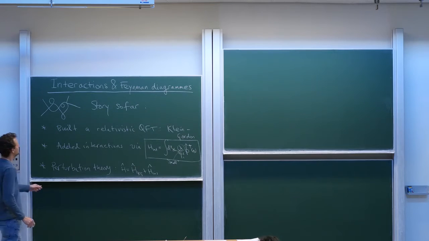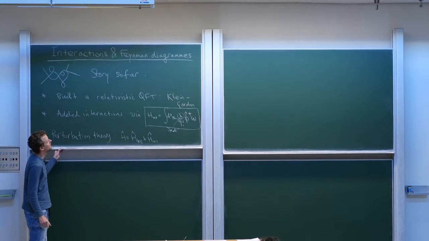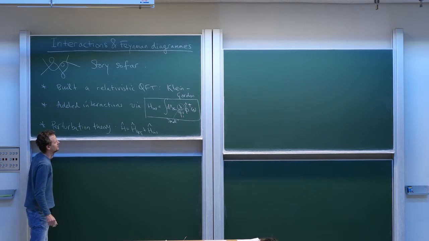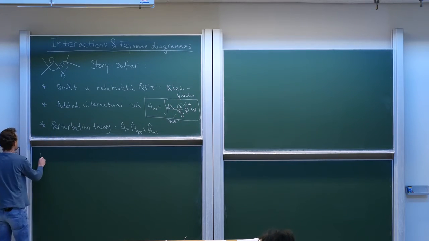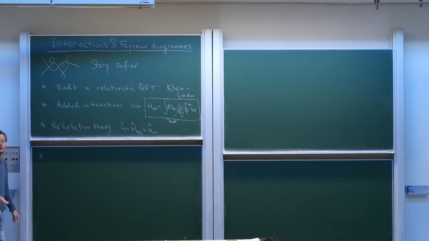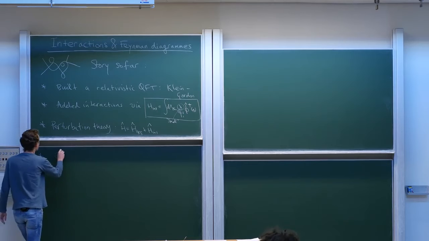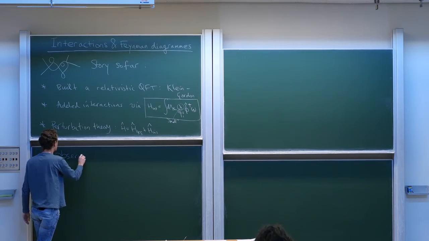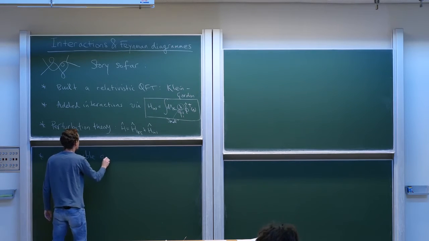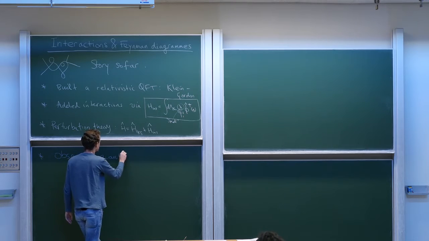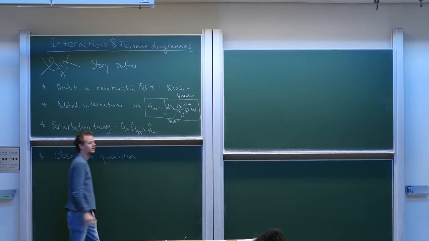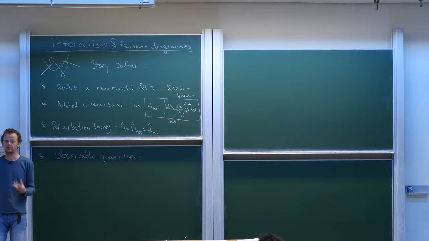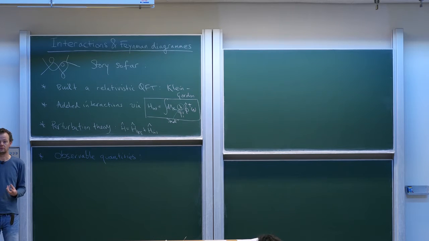And then the last thing we've been talking about in the story so far is the observable quantities that we want to focus on. And the ones that we focus on, while not being directly physically observable, are at least the ones that allow us to calculate directly physically observable quantities.